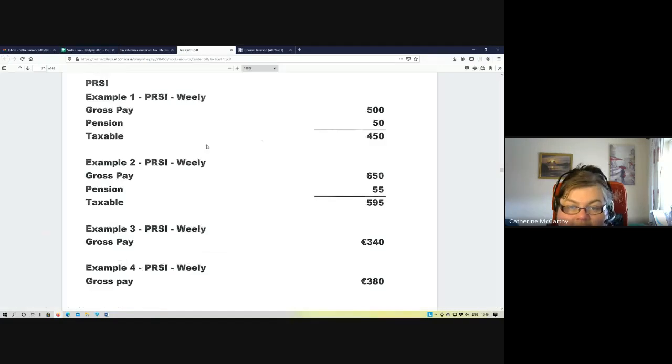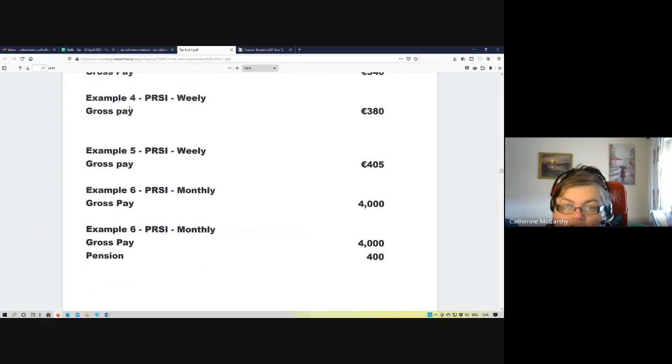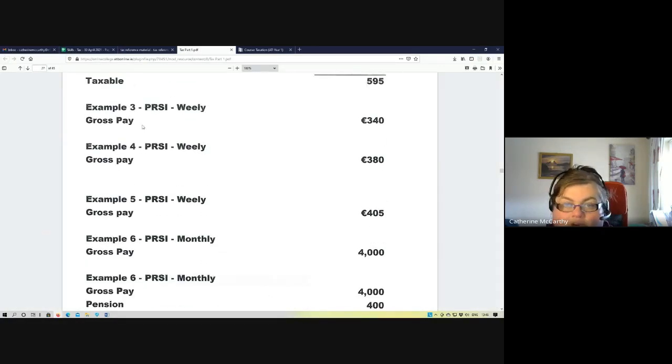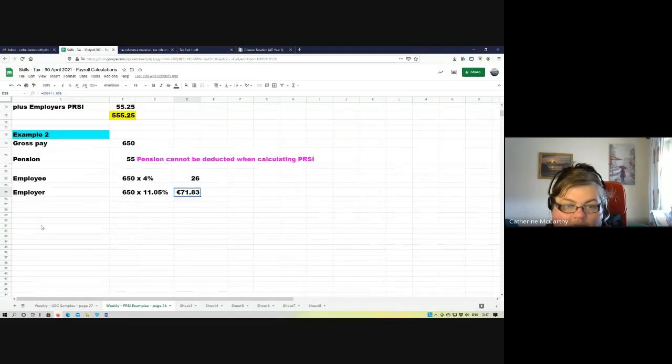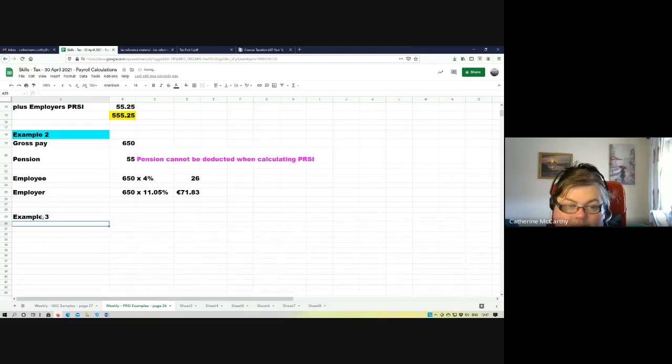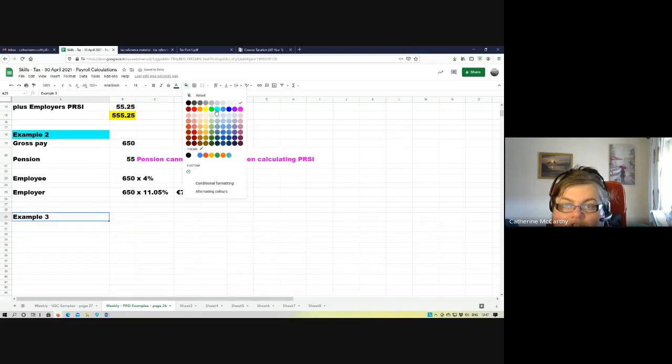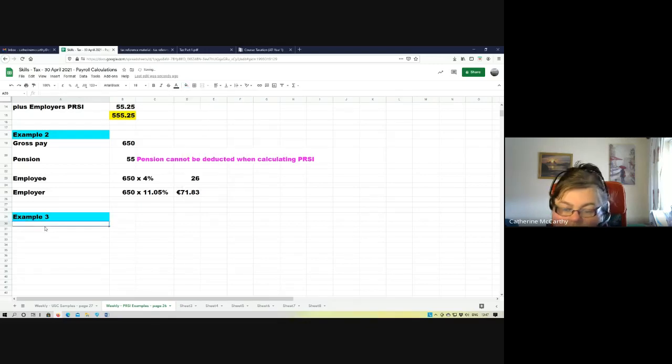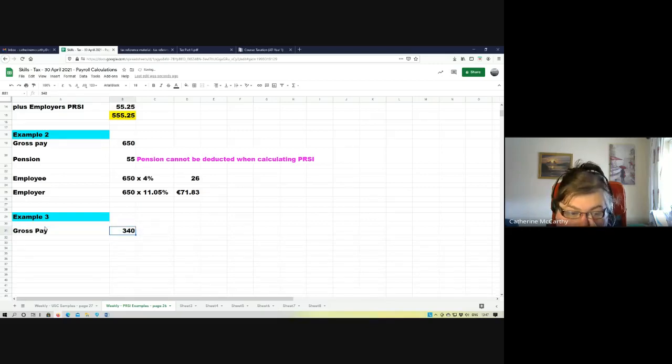Okay, our next one then is example 3. So we've got a gross pay of €340. First, just go over to your tax reference material and we're going to see what PRSI class they are on with €340. The weekly, it's the same kind of calculations.